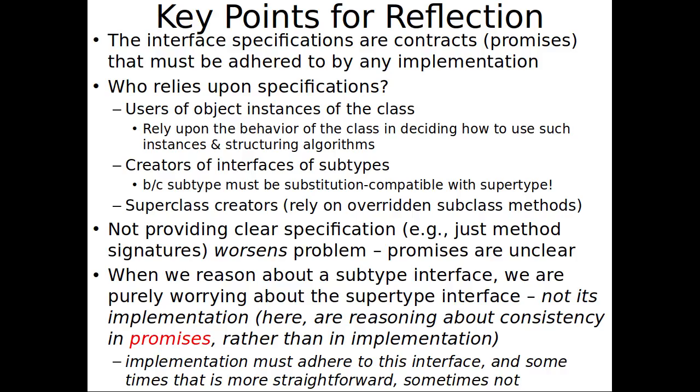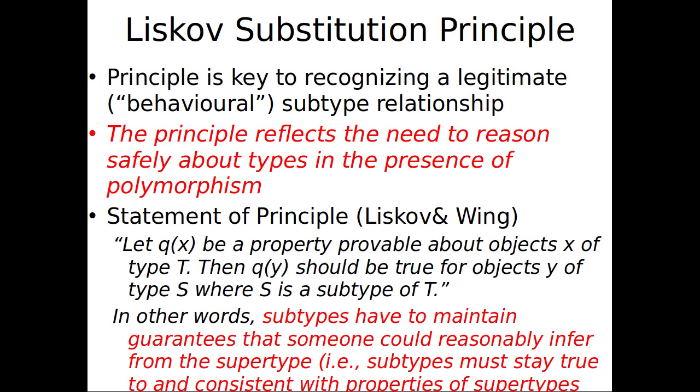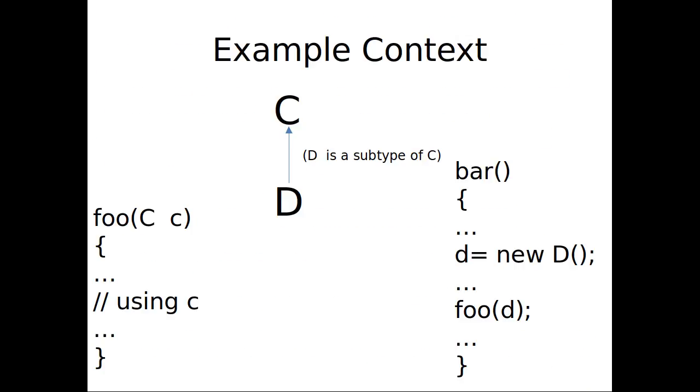Now, if we never define a specification for C, this doesn't help. Because people are going to come to conclusions without a clear specification. There's going to be guesswork.